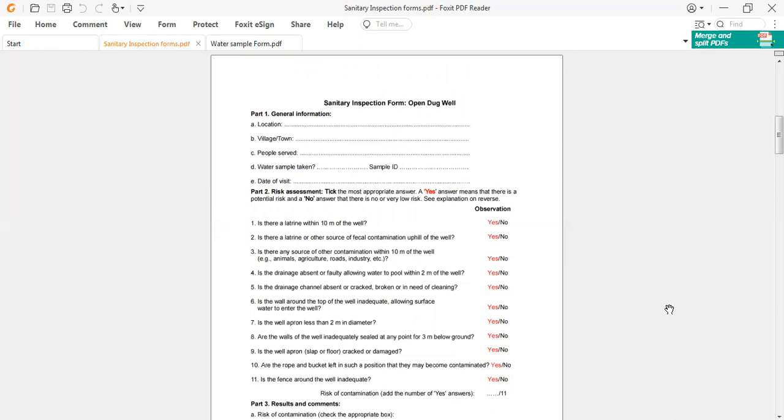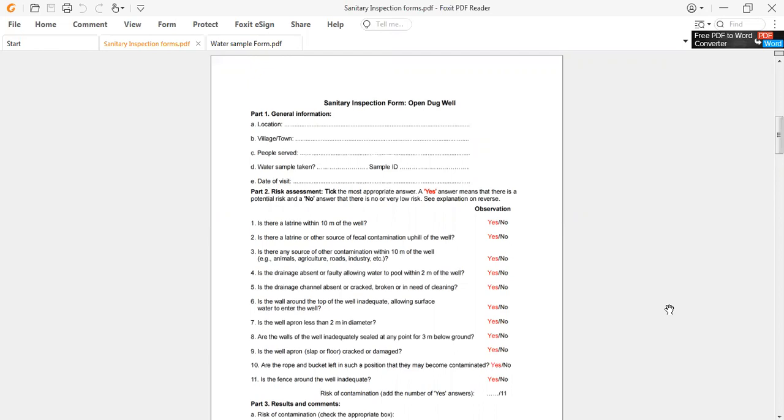Okay, we move to the second, which talks of sampling an open dug well. For an open dug well, the general information is still the same. The only thing that changes here is the people. Here you have the people served. Normally, most times you realize that water from a well is not used by just one household.